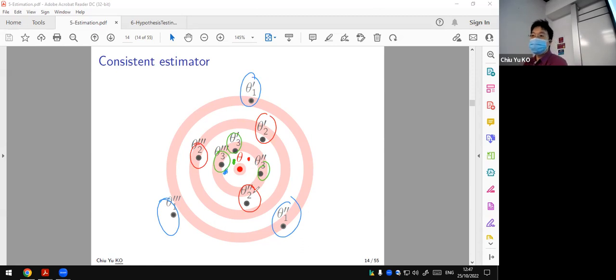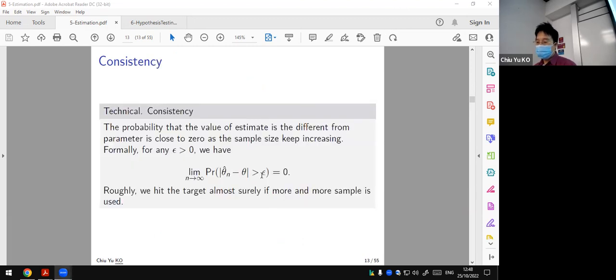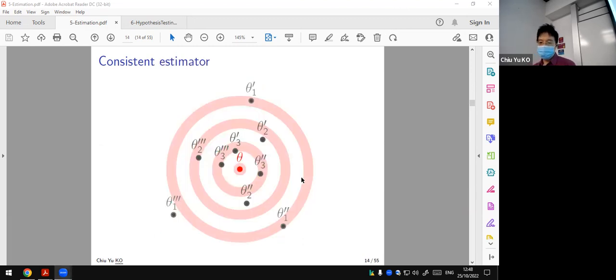That's called consistent. Of course, as I said, this is an advanced concept, because it uses a limiting argument. But I just want to have it because we need to justify why we still use the sample variance estimator for binary data: it's consistent.